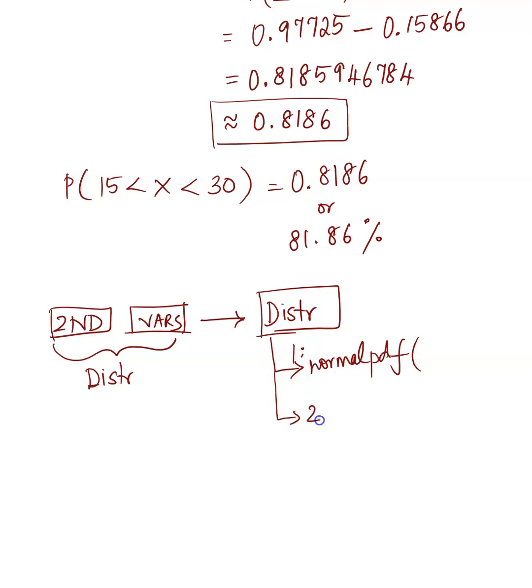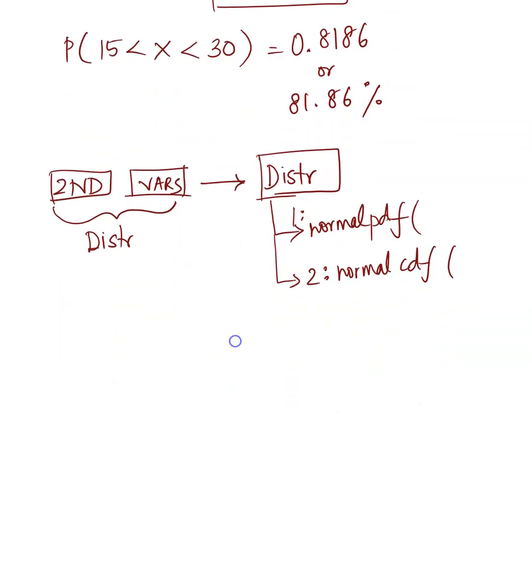And then you have the second option, which says normal CDF. Now, with the normal PDF, if you choose that, you will only have one x value to enter, okay? But if you choose normal CDF, you'll have a range, 2 values to enter. So right there, you'll know that you have to use the normal CDF.